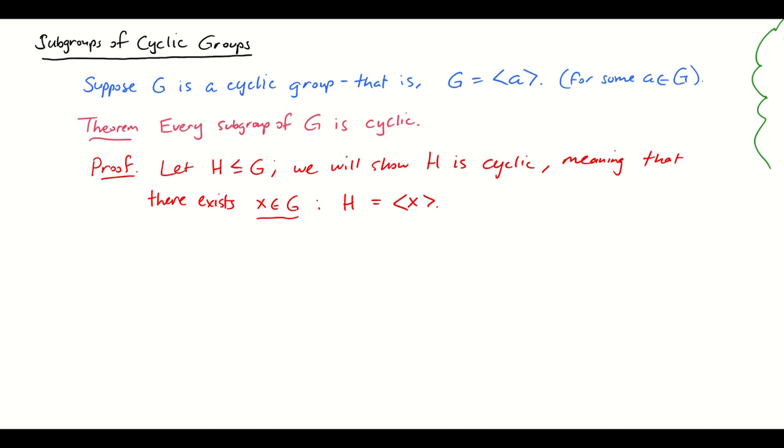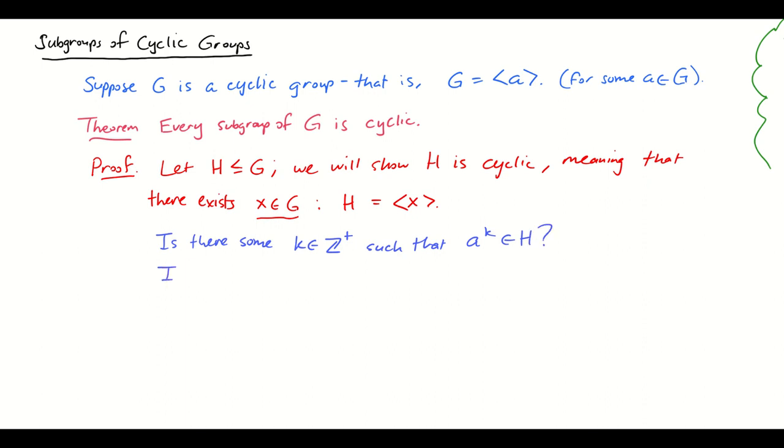Now what I want to do at this point is I want to let K be the least positive integer such that A to the K belongs to H. But before I can do that, I have to think about this for a minute. Is there actually such a positive integer? Because I'm not sure that there has to be. So is there some K, a positive integer, such that A to the K belongs to H?